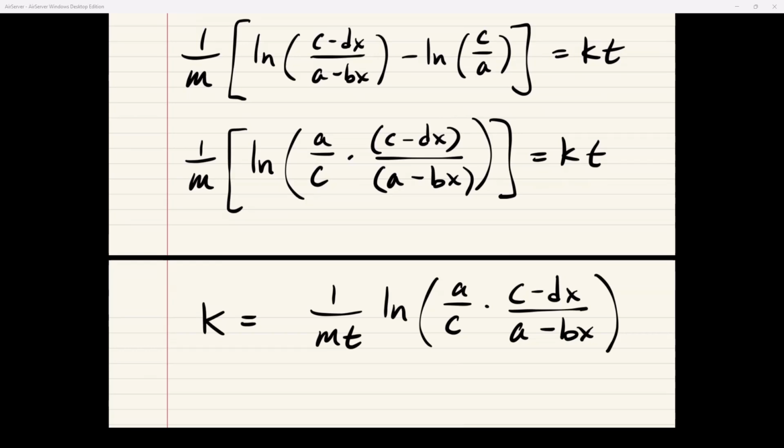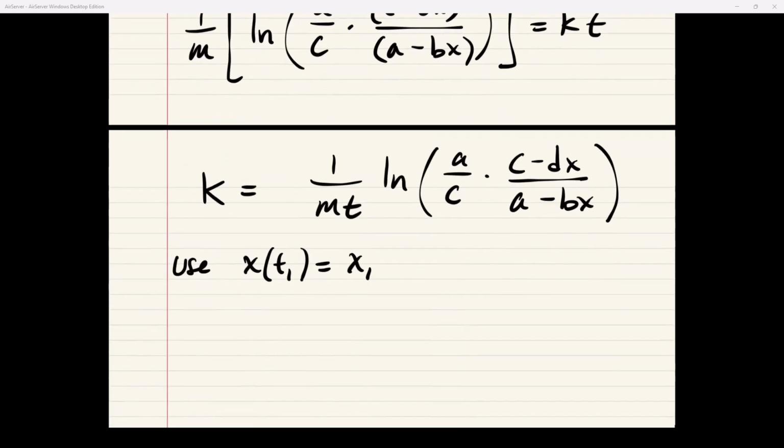So we could find the value of k with any other boundary condition, with any other particular value for the compound chemical C at some later time, right? So again, we were going to use x at some time t1 equal to some value x1. So plugging it in here, we could find a particular k value for a particular given problem. It would be 1 over m times that initially given time, right? The time at some future time when the chemical reaches some value, that's the t1.